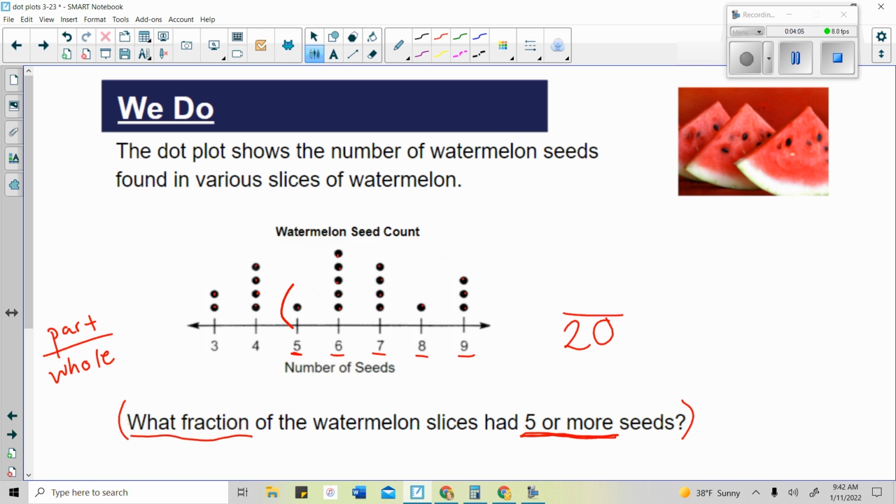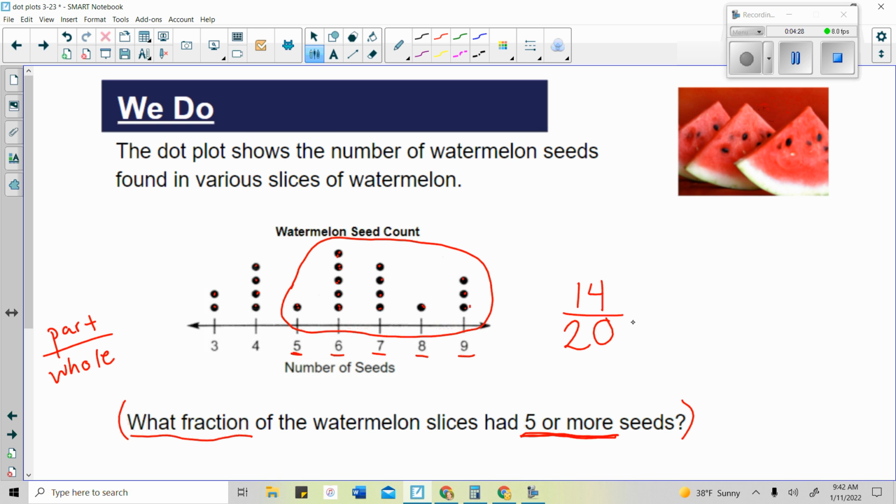So that means we want to count the data points on top of those numbers in order to get our part. So right now, pause the video and count your part. Okay, so you should have gotten 1, 2, 3, 4, 5, 6, 7, 8, 9, 10, 11, 12, 13, 14.